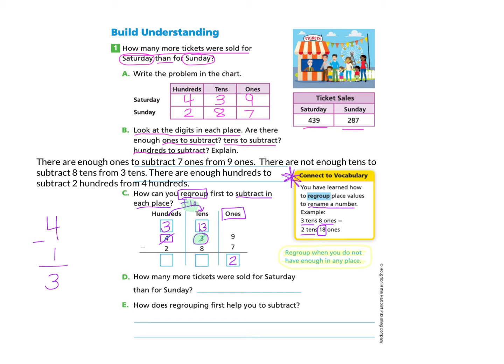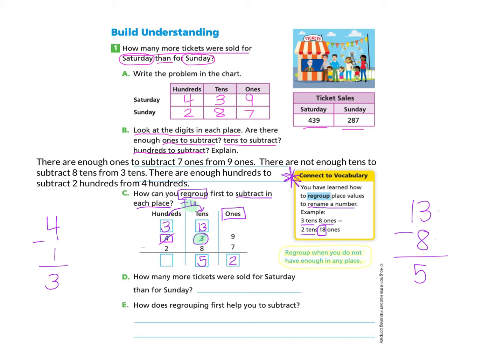So now we have 13 take away 8, which we can solve because 13 is a bigger number than 8. And we will find when we take 8 away from 13, we are going to get the number 5. So we can write here that when you have 13 tens take away 8 tens, you will have 5 tens remaining.